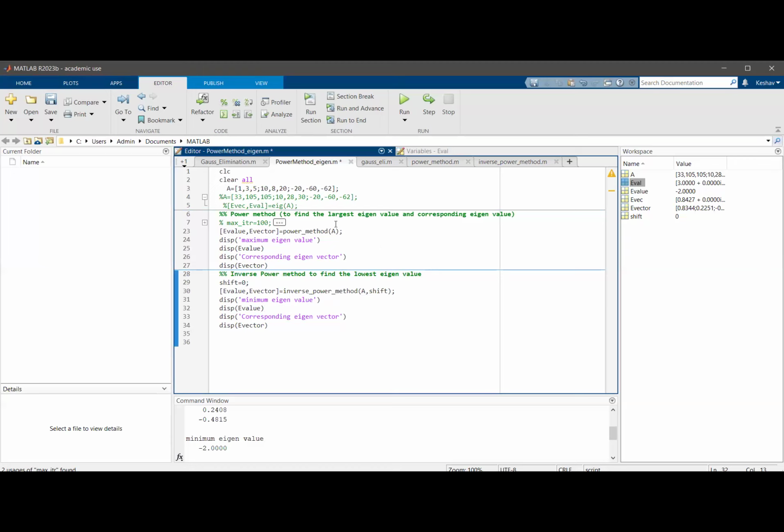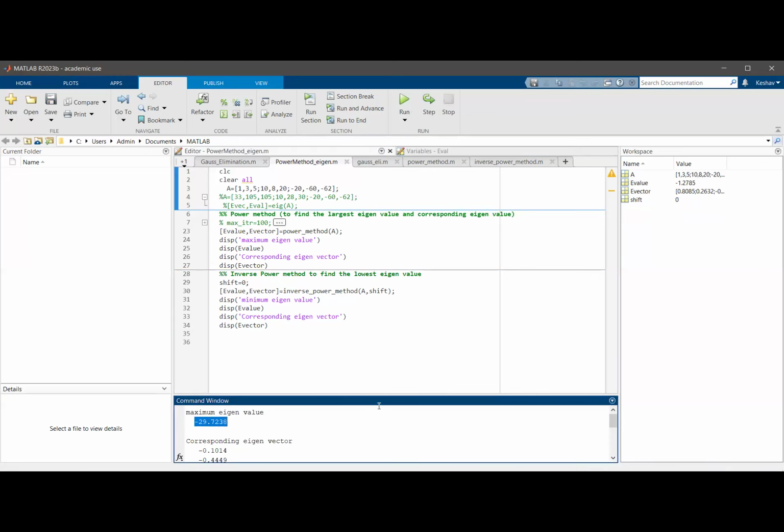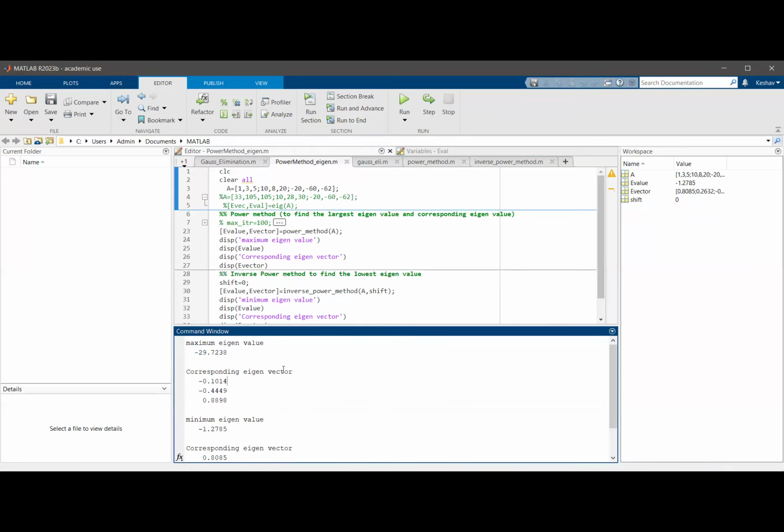If I run this, this is my highest eigenvalue and its corresponding eigenvector, and this is my minimum eigenvalue and its corresponding eigenvector.